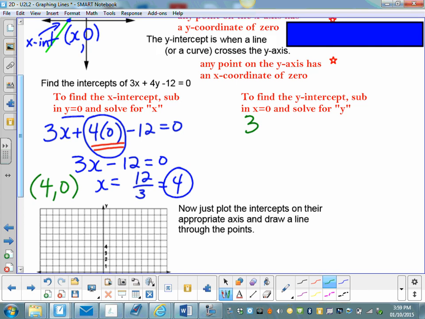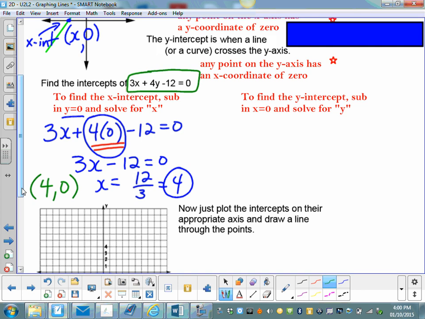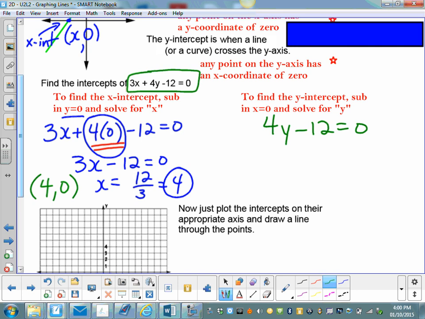Now this time, I know that in this equation, when I sub 0 in here for x, that first part is just going to be 0. So what I'm going to be left with is that, because the x term is going to disappear because we're multiplying by 0. And then I solve this equation.